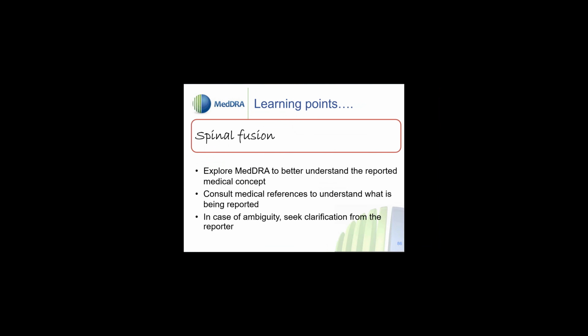If you then find that this given medical term is ambiguous, you would need to seek clarification from the reporter. Because even though LLT spinal fusion or spinal fusion NOS is grouped under PT spinal fusion surgery, this does not mean that reporting practice really follows the MedDRA classification or the definition in Dorland's. So it may not relate to a procedure.